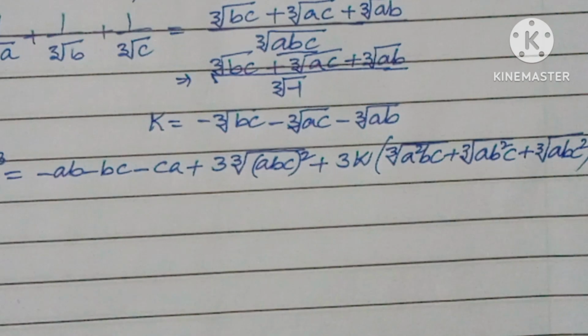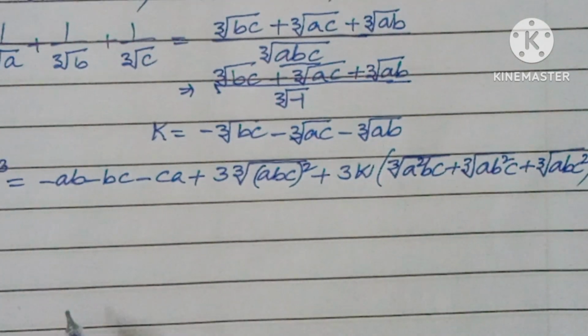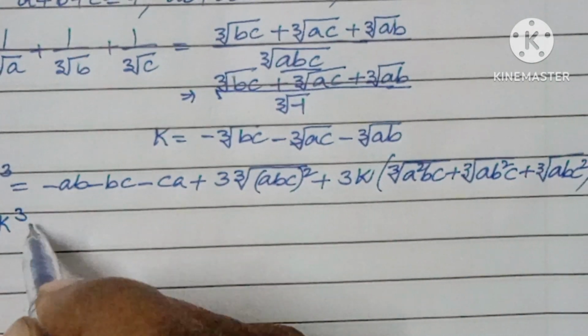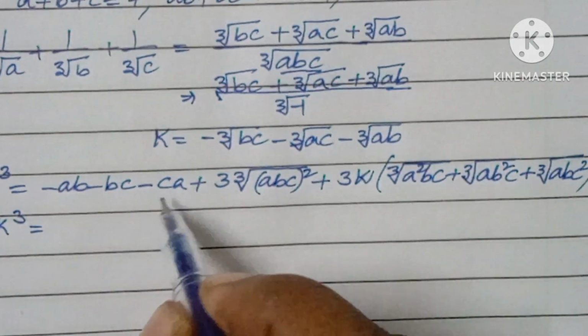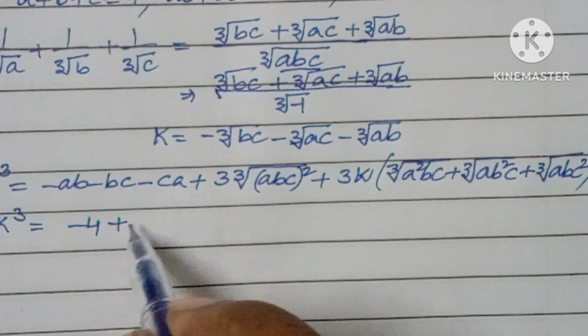Now substituting the value, K cube is equal to, here this value is minus 4 plus 3.